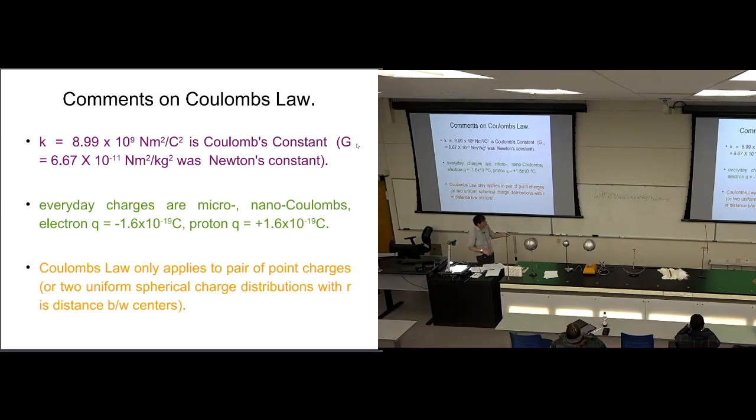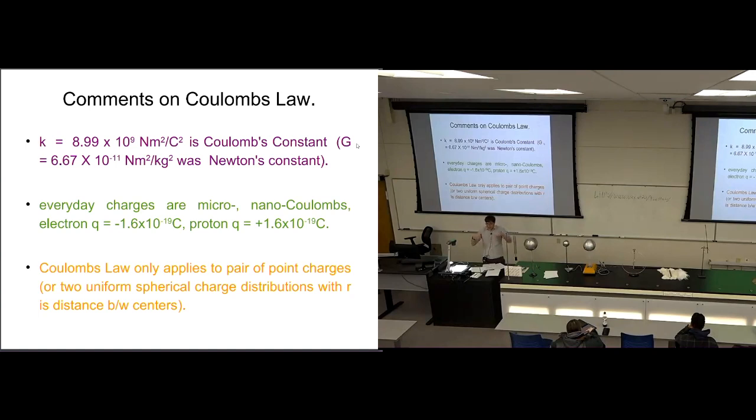The other comment I wanted to make, the last one here, is that it's important to remember that this law, no matter what an achievement it is, and it is a real achievement, only applies to a very special case, the force between 2-point charges. And in most situations, we actually don't meet just 2-point charges. We're going to have to deal with this.